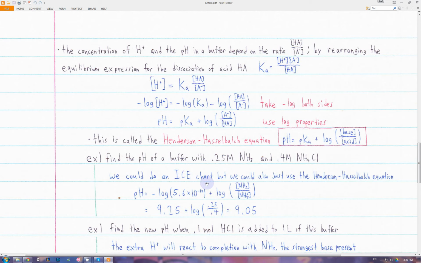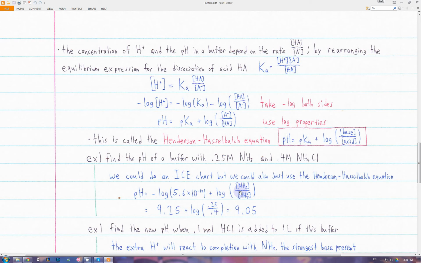So the Ka of the acid here, ammonium, is 5.6 times 10 to the -10th. So we take the negative log of that, and then the log of the ratio of the concentration of the base, NH3, to the concentration of the acid, NH4+.